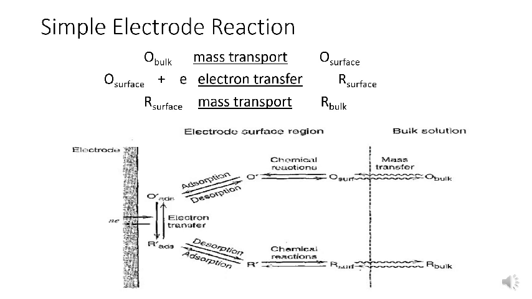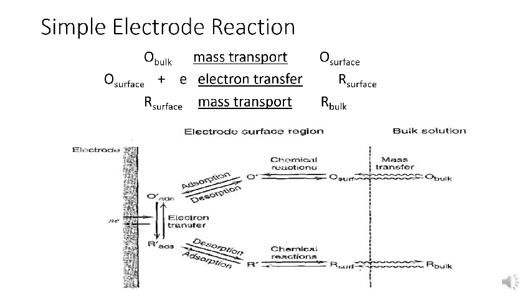It will move towards the electrode surface. In this case the oxidized species is, for example, ferrum 3, and this is R, ferrum 2. Ferrum 3 will reduce to form ferrum 2, involving all these three steps: mass transport, electron transfer, followed by mass transport.